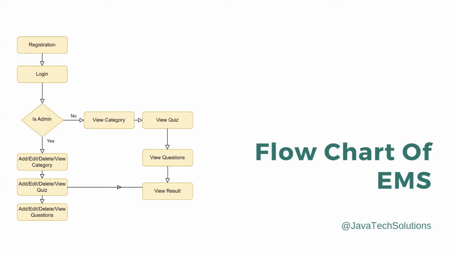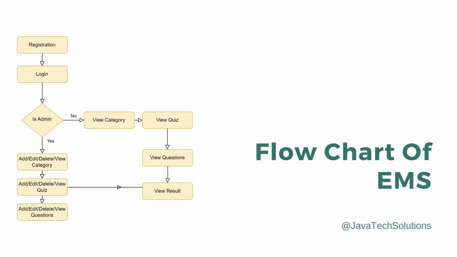After that they will also add, edit, delete or view the quiz. First they add the category. After adding the category, let's say they have added the category Java, then they will add some quiz, let's say a mock test, with a heading. Then under this mock test they will add some questions, maybe 5, 10, or 15 questions.